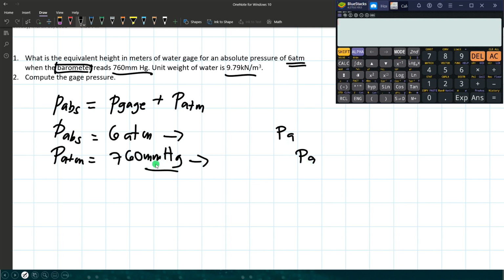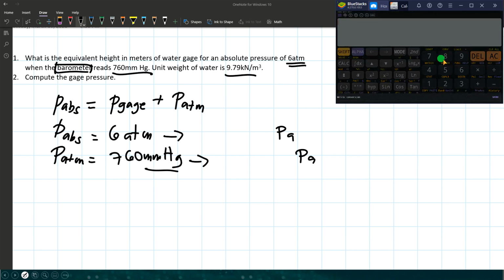We can try converting atmosphere to Pascal using our calculators. But if you already know the conversion factors, then that's good. But if you don't know the conversion factors, we can use our calculators. If you are using Casio calculators, just click Shift, Convert, Shift 8.